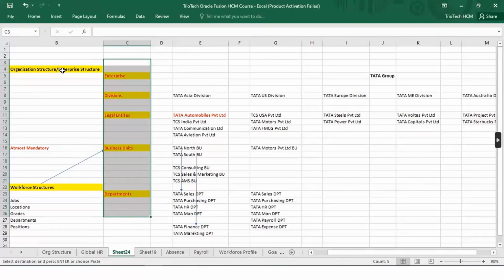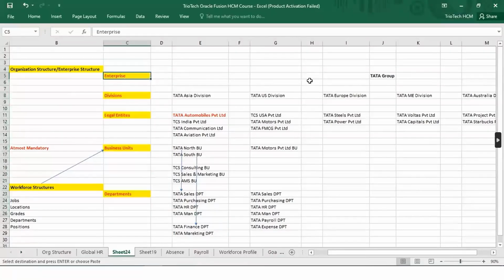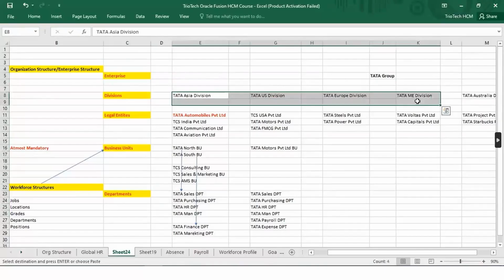The question is very much evident and very important. Without this question, there will be no interview in the core HR module. So make sure you know the concept of organization structure team. So in Fusion application, we have enterprise at the top, then followed by enterprise, we have divisions in the system.